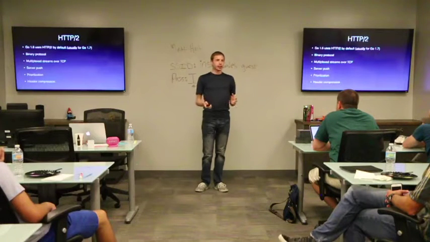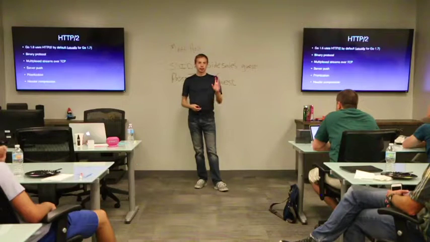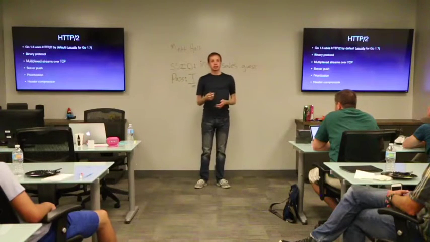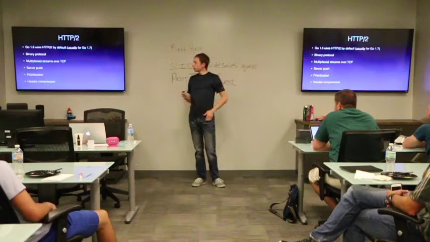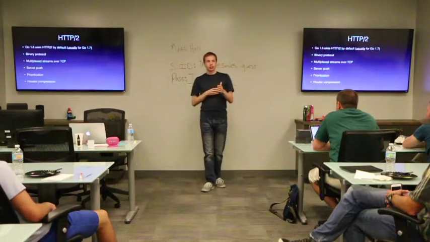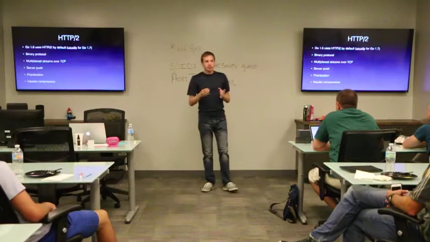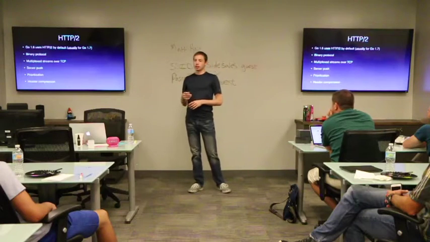So if you're using http.ListenAndServe over a secure connection, HTTP2 will be the default that's used there. HTTP2 is a binary protocol, so it's more compact on the wire, meaning faster transmissions. Its main speed benefit, though, comes from the fact that you get multiplexed streams over TCP.